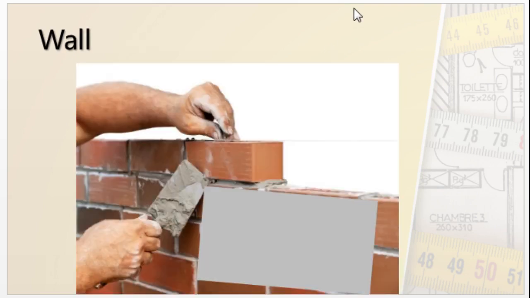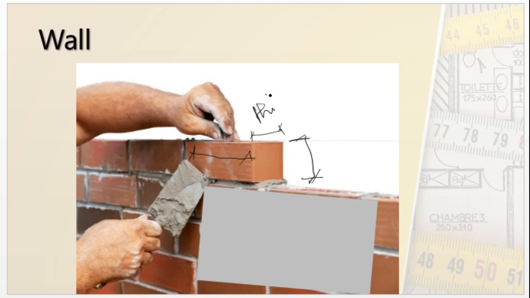So if we talk about the wall, this will clarify the dimensions. Generally this is a typical brick. We use mortar to place the brick, and after that we place mortar here and there. Generally this is called the width, this one is called the length, and this one is called the thickness of the brick.